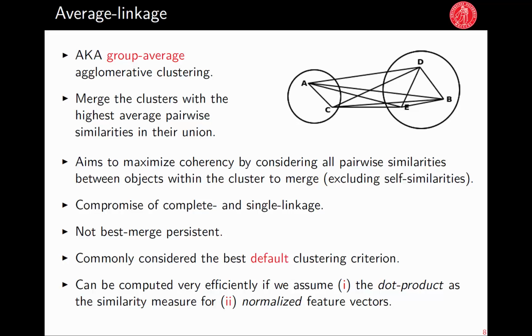But when we talked about linkage criteria so far, this is the only place where we explicitly said that we're working with vector representations. So we talked about how we could use the dot product, for example, for computing the similarities between the individual objects in our clusters. But for single linkage and complete linkage, that measure in itself is agnostic to our representation.